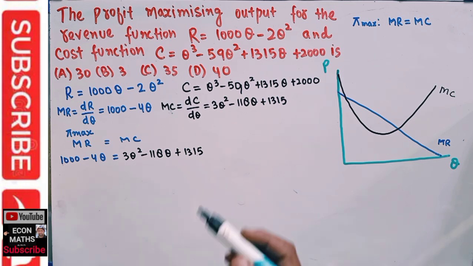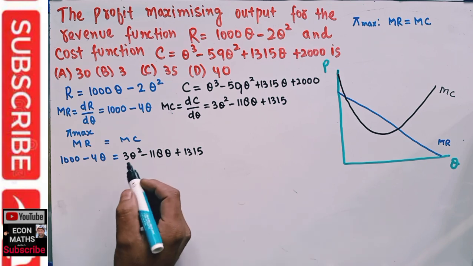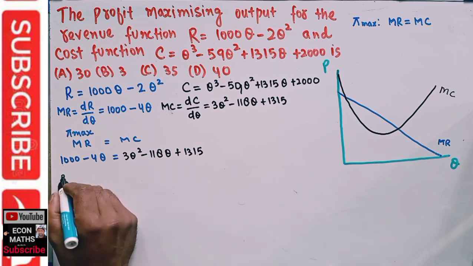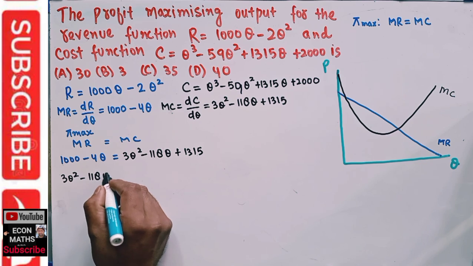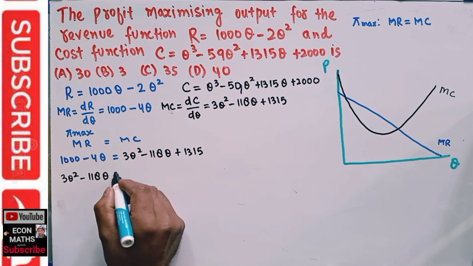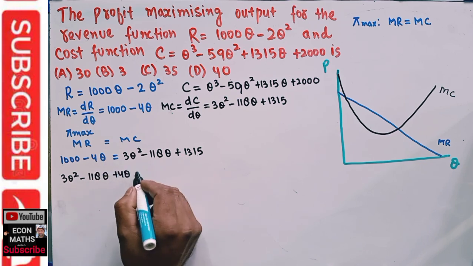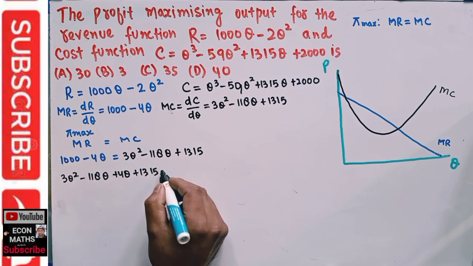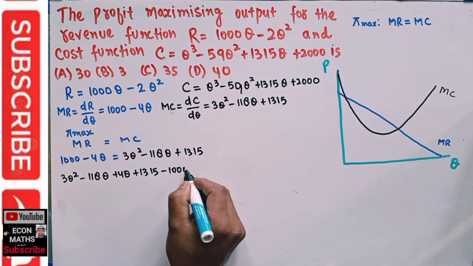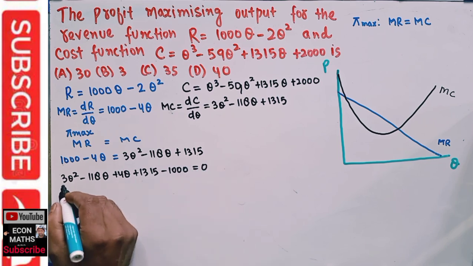So we solve this equation for Q. We have 3Q², and transposing terms, -118Q becomes plus 4Q, then we have 1315, and transposing 1000 it gets subtracted, and we set it equal to 0.